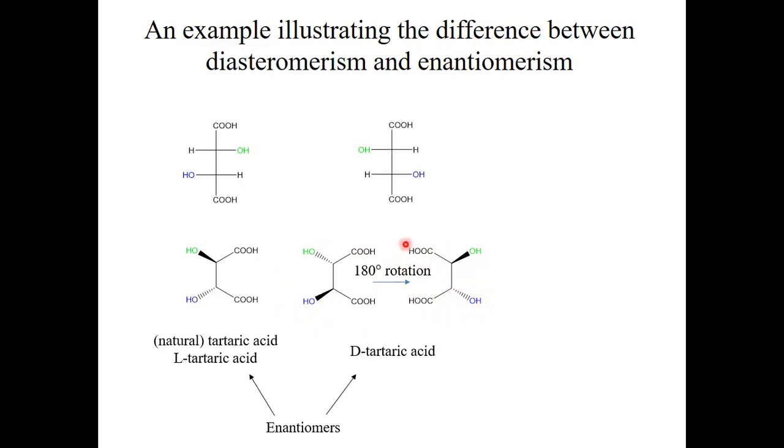And now you can see that the resultant molecule here is a mirror image of this one. Okay, we can place a mirror plane in between the two molecules. Note that this is a mirror plane which is not part of a molecule. It's not a symmetry element. It's a mirror plane which you would place in between the two molecules to show that the two are mirror images of each other, just like my left hand and my right hand.